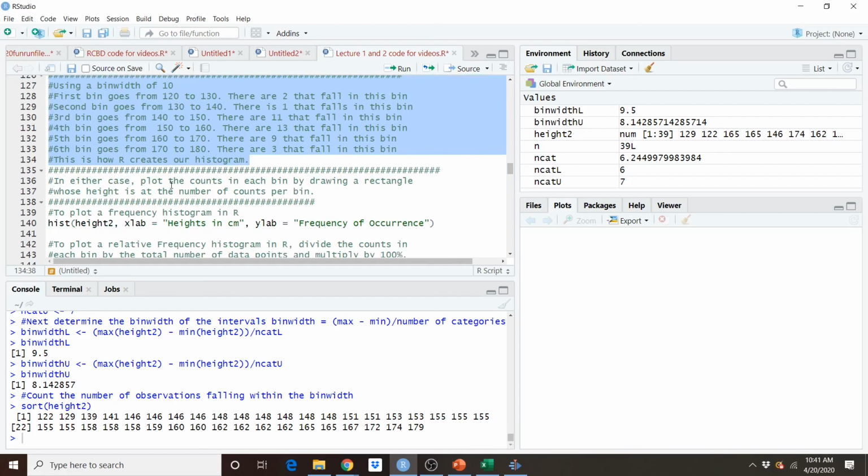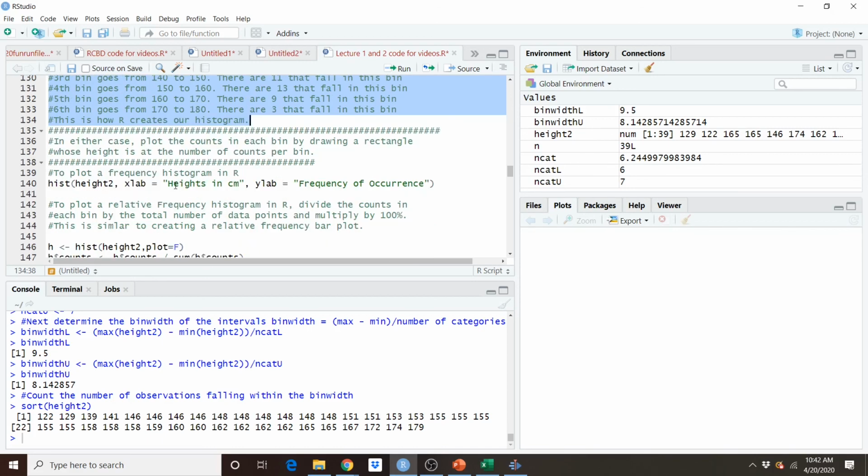In either case, once we have determined how many bins we have, we simply need to plot the counts in each bin by drawing a rectangle whose height is at the number of counts per bin. How can we do this if we're using R? Well, we're going to use the histogram function, hist. And notice I'm applying the hist function to my data, height 2.